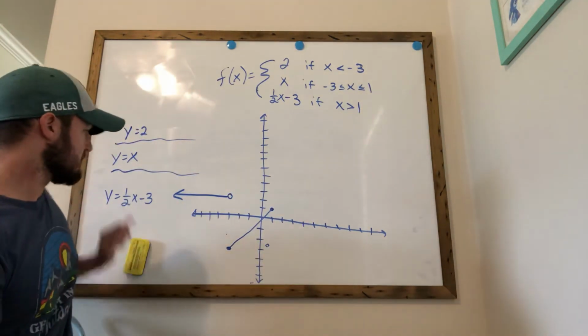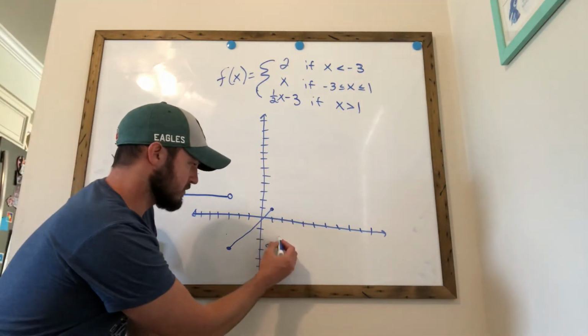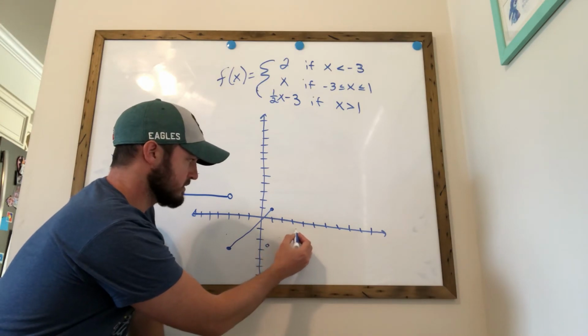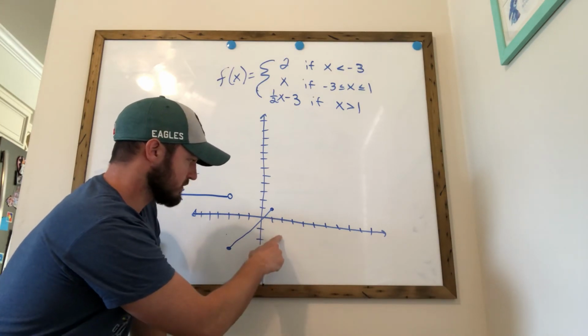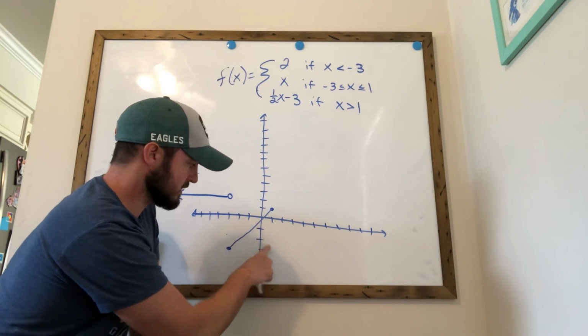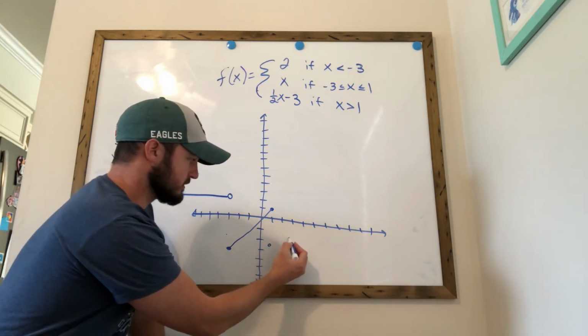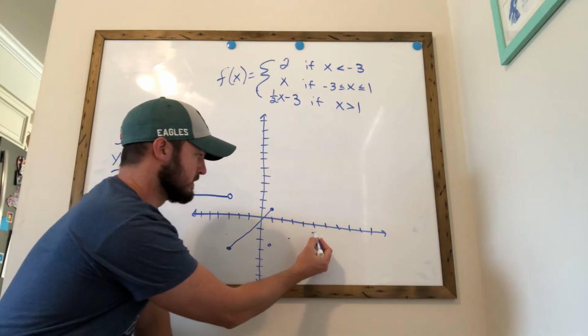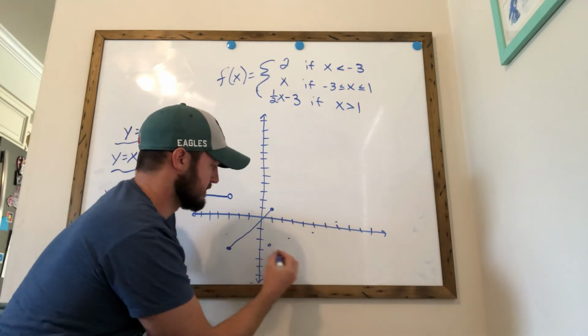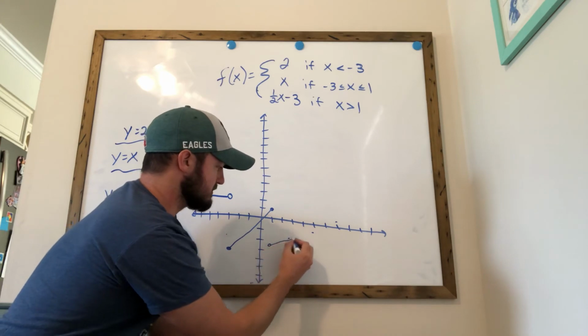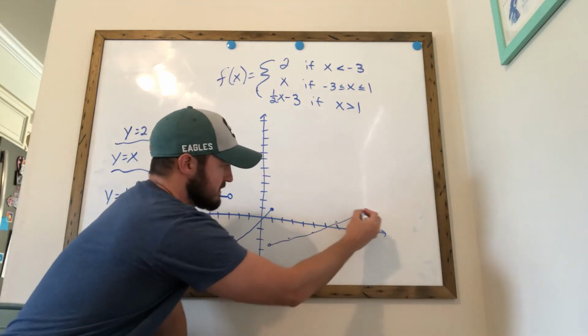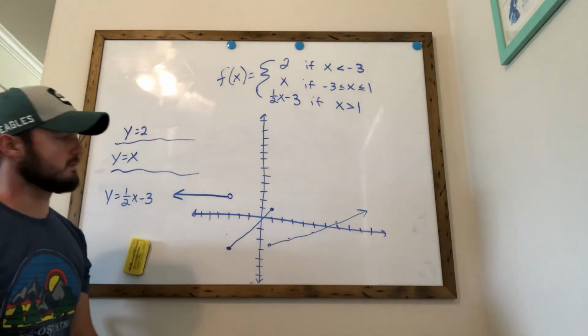Then use your slope. You're going up 1 over 2. Oops, I only went over 1 because I can't read a graph right. Up 1 over 2, up 1 over 2. You only have to make a couple dots, just make sure it goes the right direction, okay? And there you go.